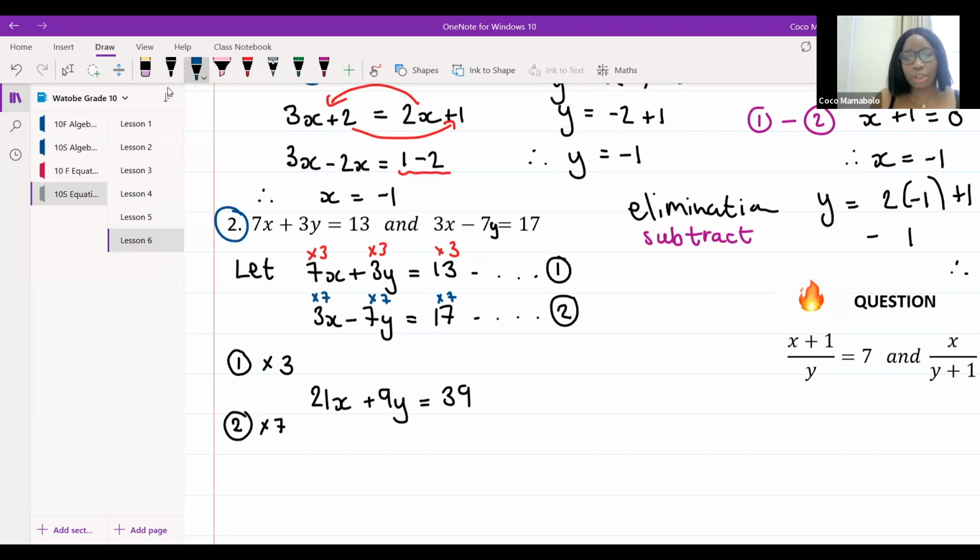Now my second one is going to be 21x minus, don't forget, guys, this is a minus over here, so it must be minus 49y is equal to 119. Sishe, you did something correct, except there's a minus missing somewhere. You're almost there.